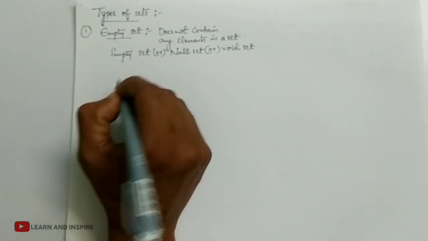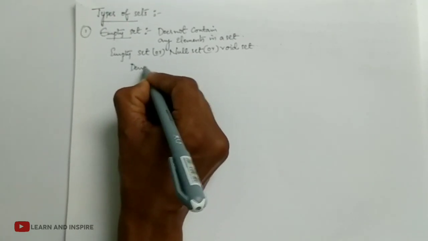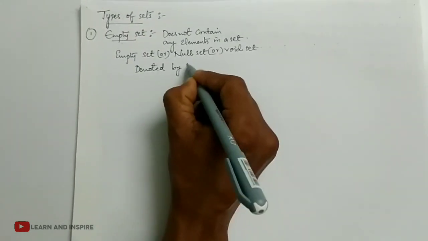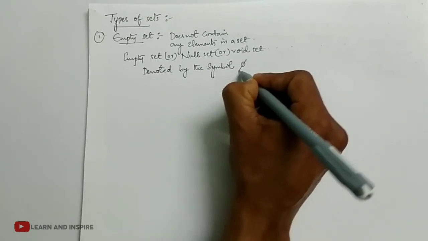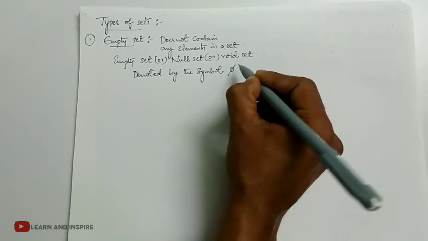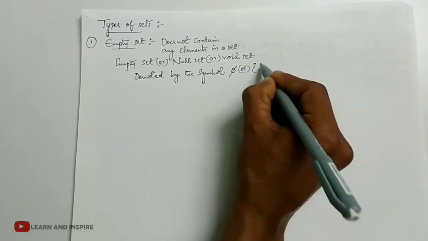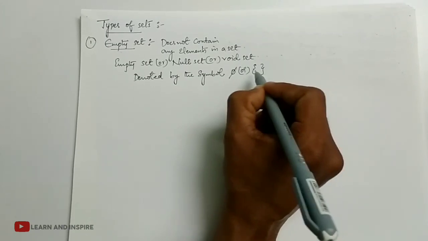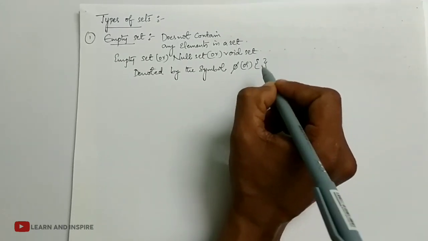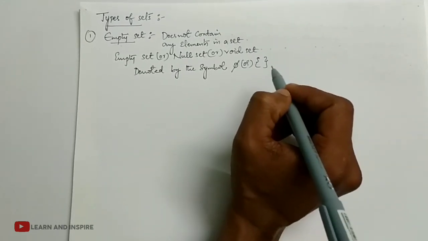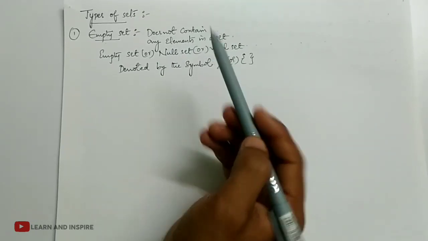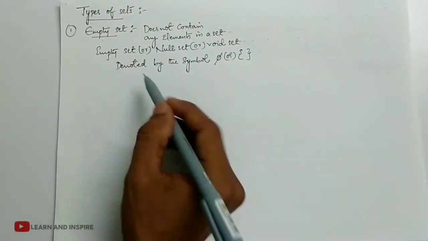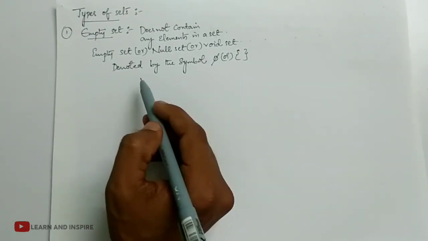It is denoted by the symbol phi. So only brackets, and inside the brackets there are no elements, so we call it an empty set. This is the first type of set, the empty set, which does not contain any elements.